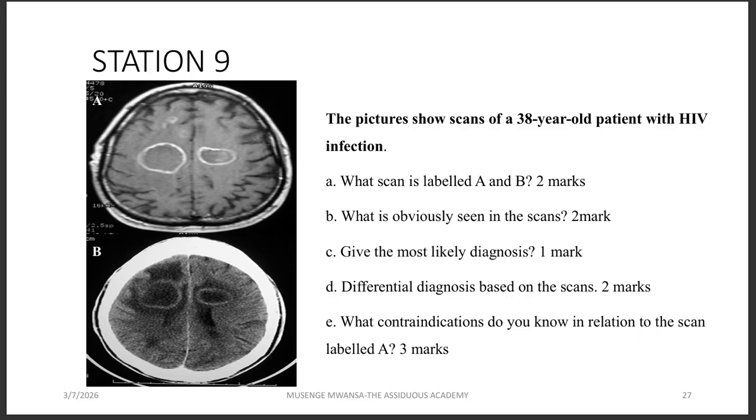Toxoplasmosis. Okay, very good. And then differentials. What other things can cause lesions in the brain? So besides toxo, okay, lymphomas, CNS lymphoma, anything else? Have you heard of a tuberculoma?